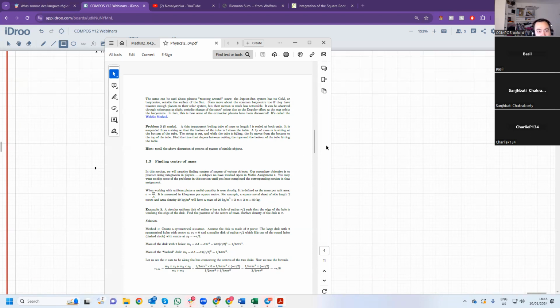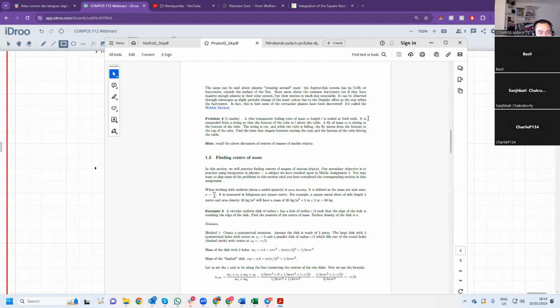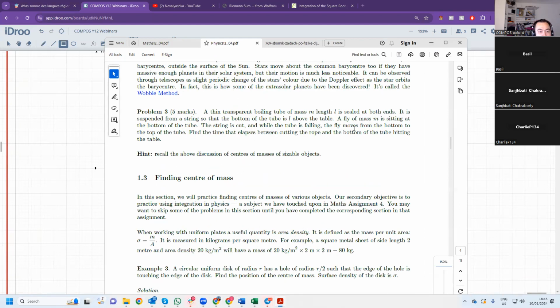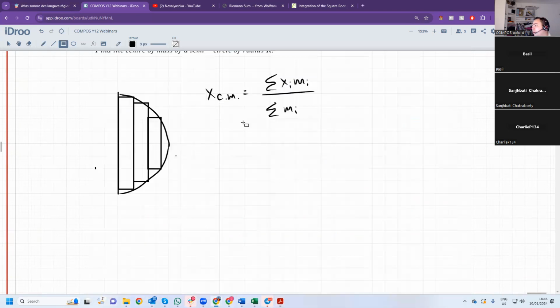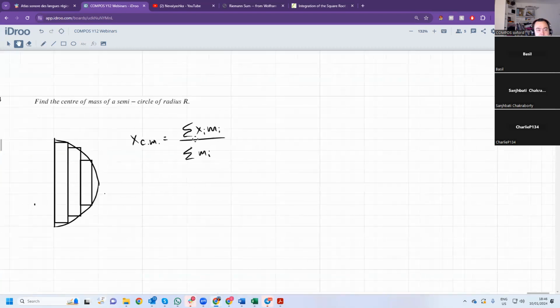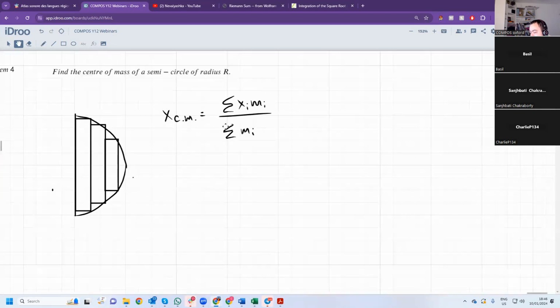Yes, the fly has equal mass to the tube: the tube has mass m, and the fly has mass m. So basically, you need to find the center of mass of the system, and then work from there. I'll talk about more maybe next week. The center of mass moves as a point object.